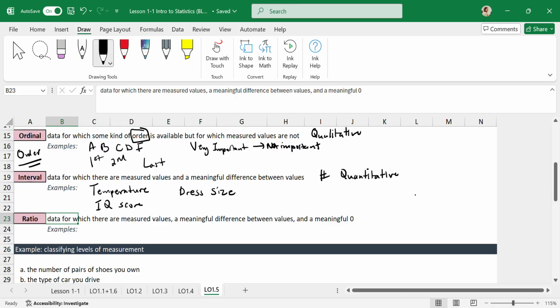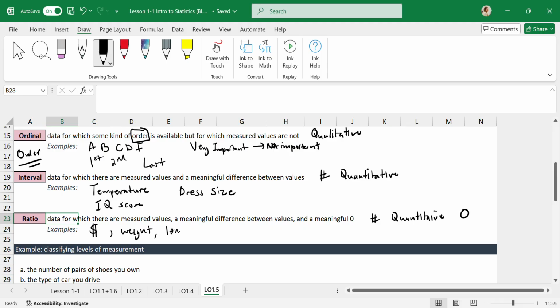Ratio is a number, it's quantitative, and it does have a 0. So basically things like money, if you have 0 money, you actually have none. Weight, if you weigh 0, it actually doesn't exist. Length, if it measures the length of 0, it's not there.